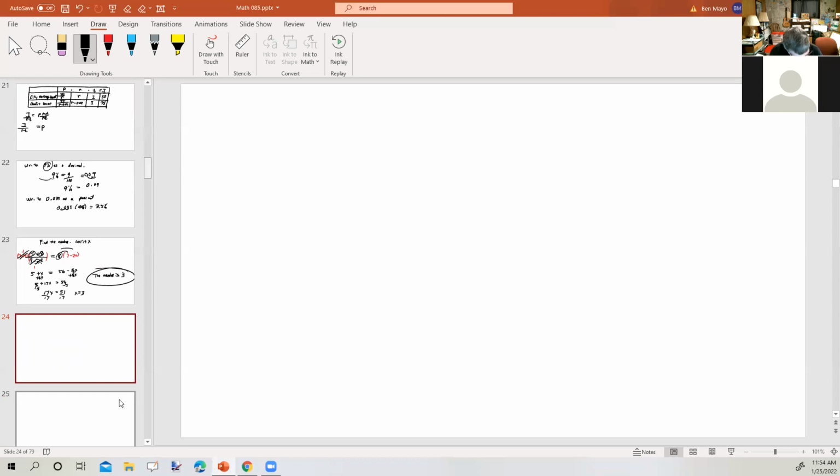All right, so what's going on in this problem? We have miles per hour, which is speed. We have distance, and we have time, okay? So distance equals rate times time. That's the formula we're going to use.